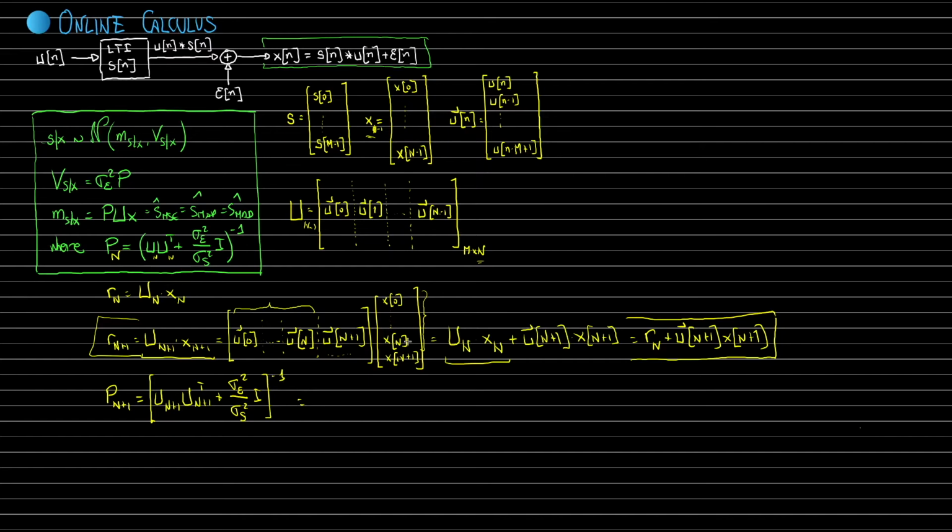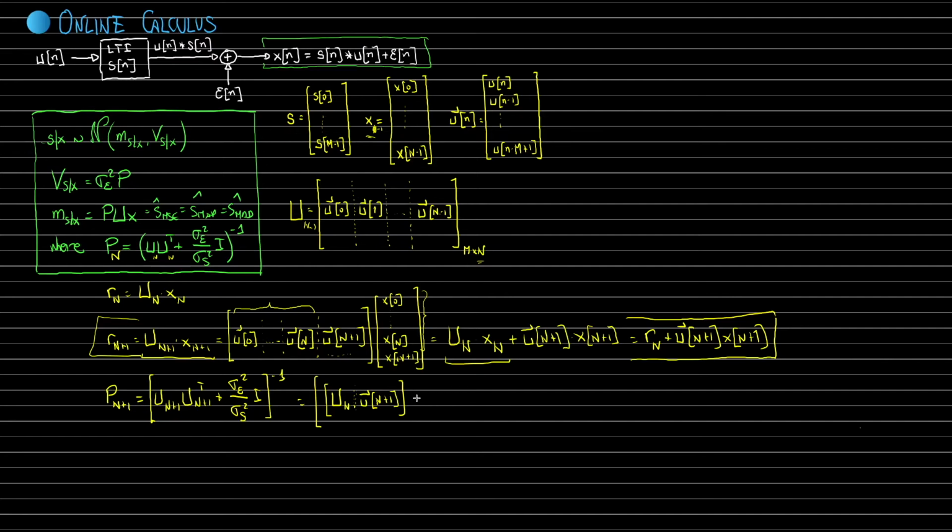And we can make the same decomposition that we have done here. Un plus 1 is equal to these terms here, which are un and u of n plus 1. So the matrix un plus 1 can be expressed as a block matrix with two blocks. The first one is un, and the last one is u of n plus 1.